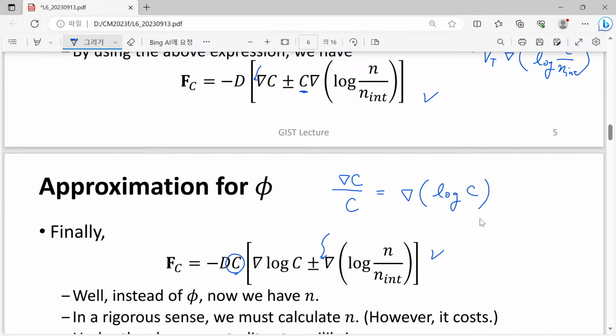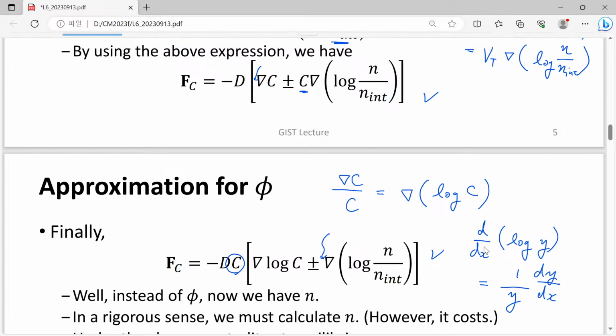So this is quite easy. I mean that d/dx of log y can be written as 1/y times dy/dx. This is already known to you, so that's the reason why we can make this form.